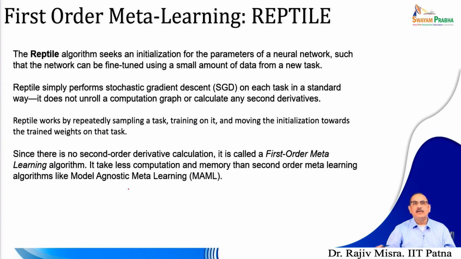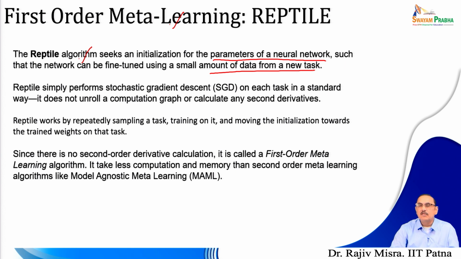We will see it in more detail in this particular method, and this is called the first order meta learning. This algorithm, called the Reptile algorithm, seeks an initialization of parameters of the neural network, such that the network can be fine tuned with a small amount of data from the new task. Now, Reptile simply performs stochastic gradient descent on each task in a standard way, and it does not unroll the computation graph or calculate any second derivatives.